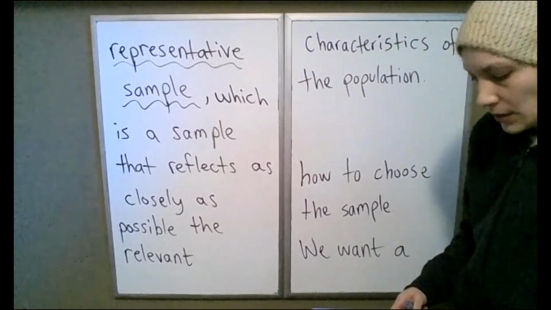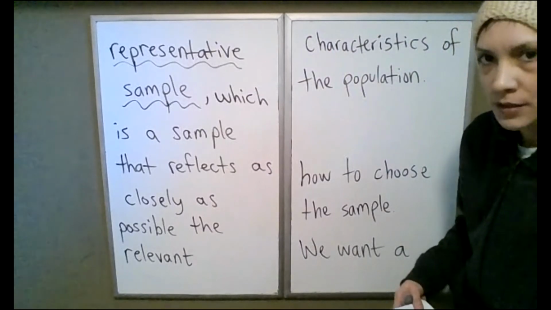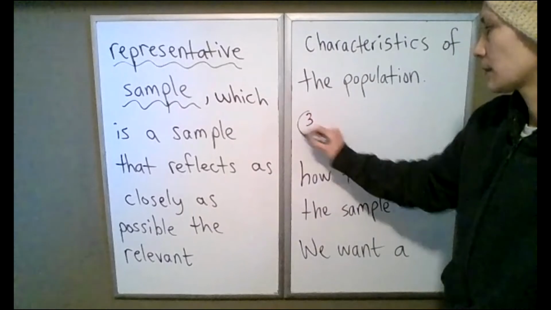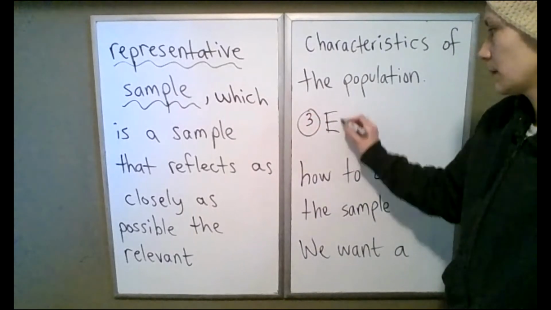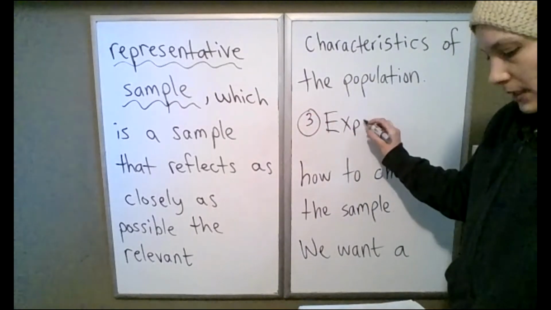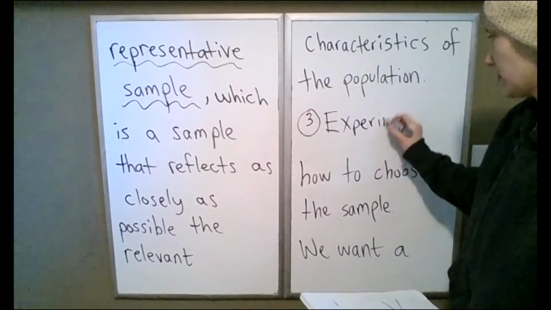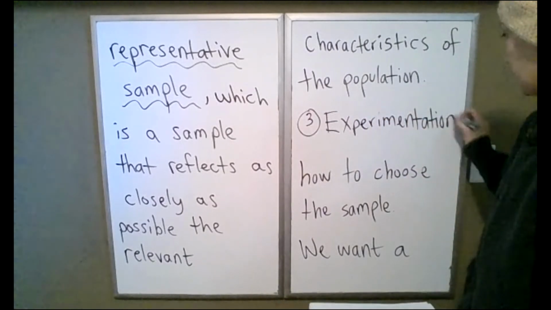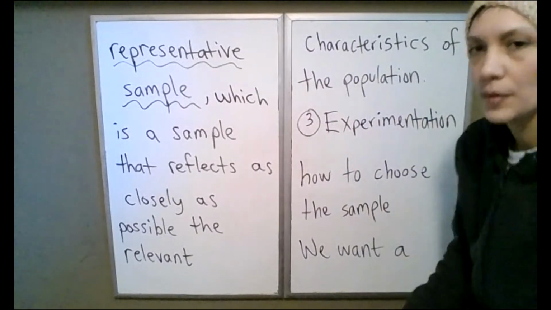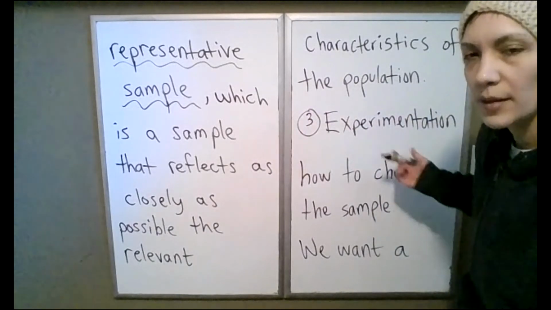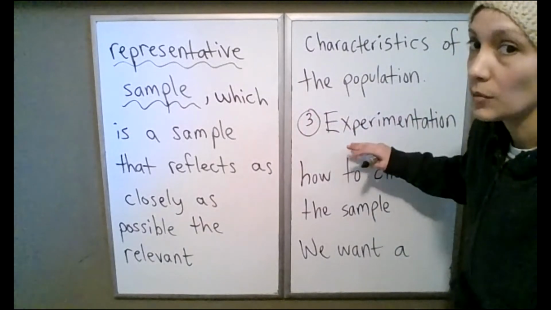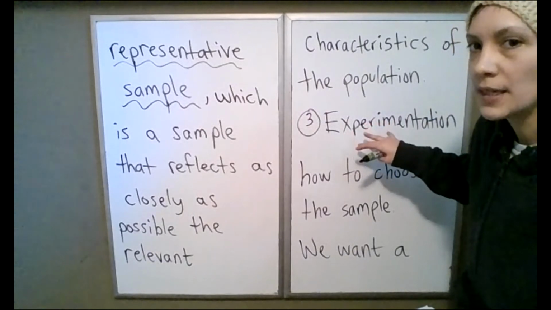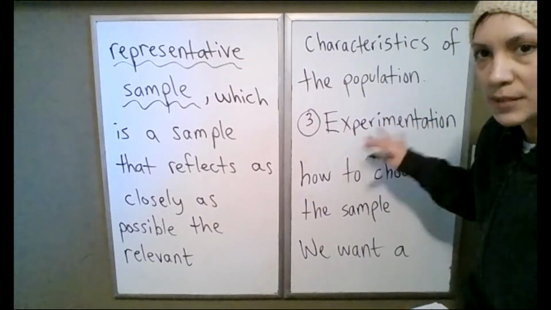Okay. The third one is called experimentation, which we'll go over in section 1.4. After kind of thinking through this, I'm pretty sure what happens is you have your sample, and then on that sample, you do an experiment.